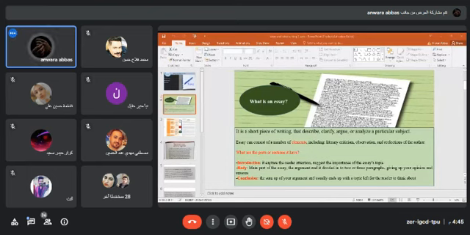Moving on to the body. The body consists of 4 to 5 paragraphs, not more than 5 paragraphs. This is the most important section within essay writing. Why?